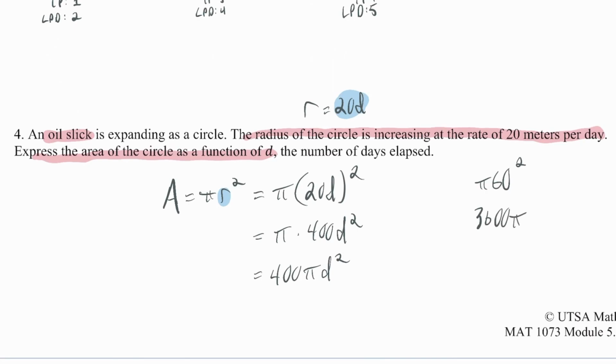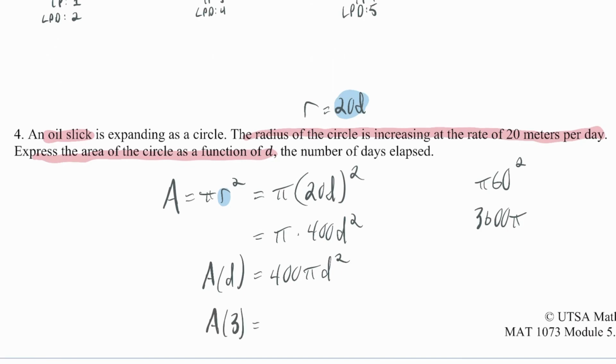So I wrote here just A, but I could write this as A of, well, you know what? Let's not do it there, because I have r and d in the same line, two different input variables. But down here, I'll say, oh, this is A of d, right? As it's very clearly a function of d. So I can then say, okay, well, what's A of 3?